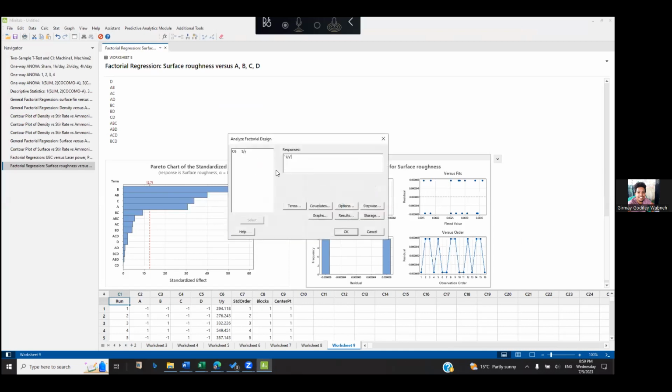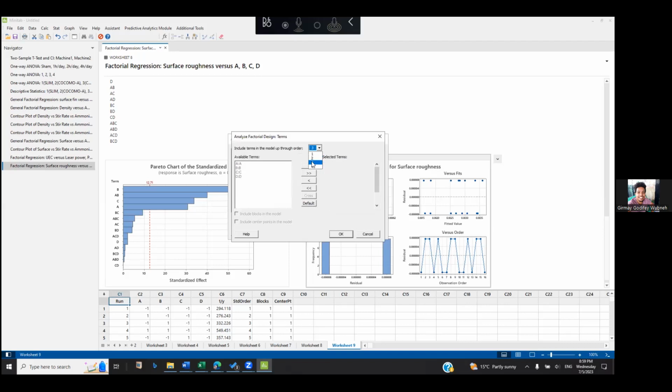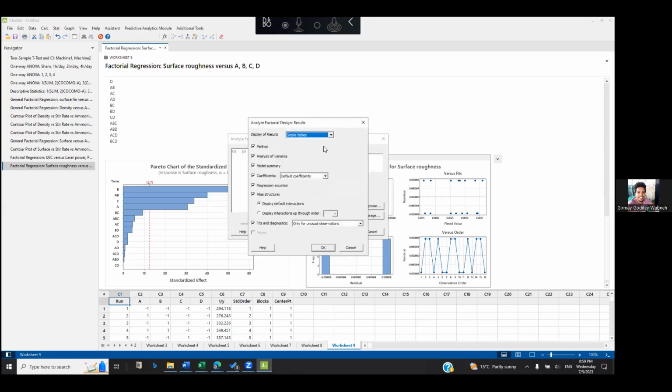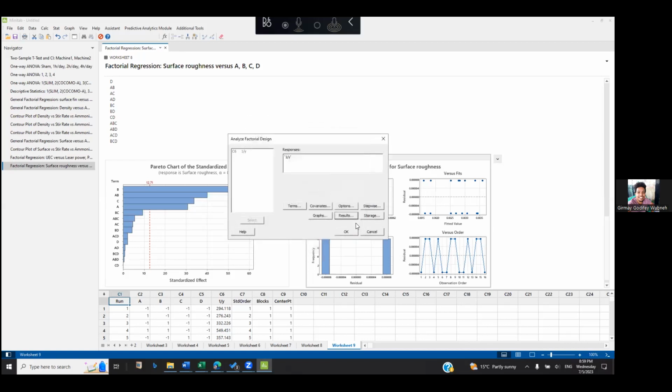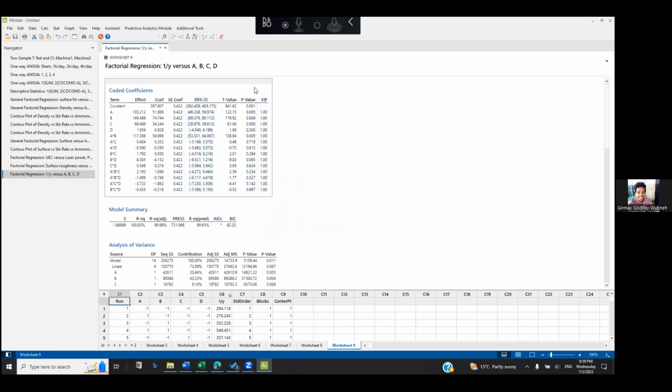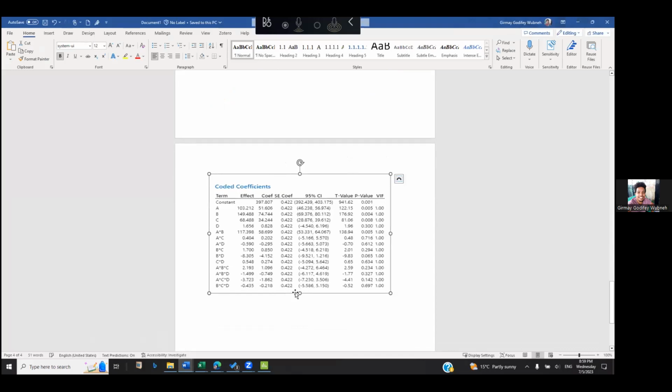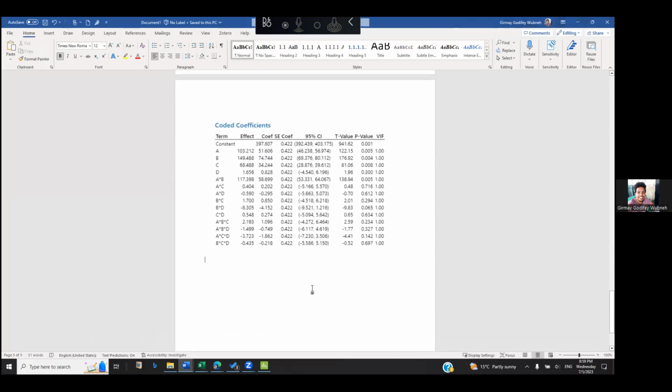And response now 1 over Y, three terms, results.